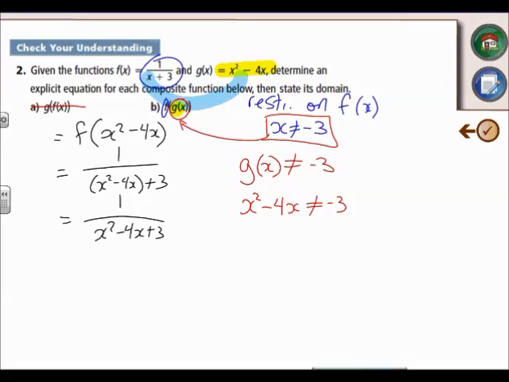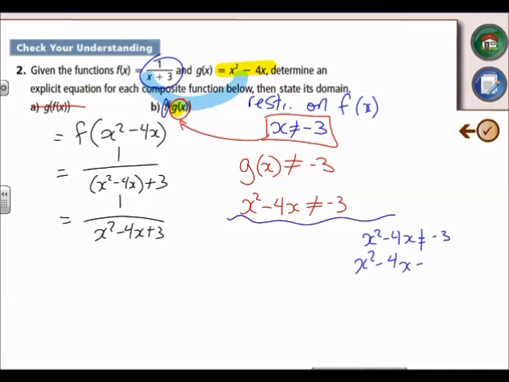We're going to do the same thing. Let's pretend it's equal. X squared minus 4x equals negative 3. Let's take it and work through, isolate it, get it to 0. And actually I can just keep it does not equal for this one.